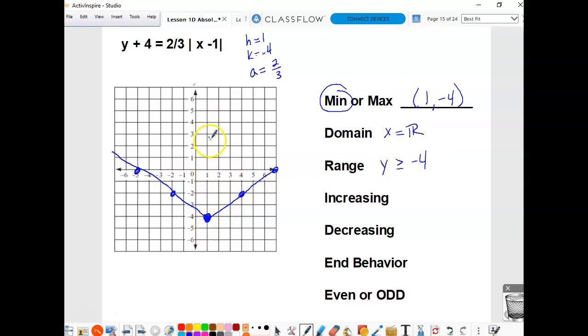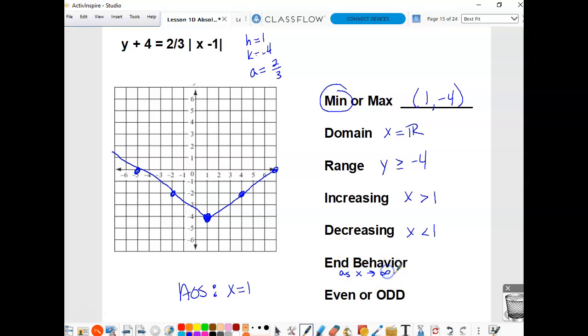The axis of symmetry is at x equals 1. And it's increasing after that, so when x is greater than 1, it's decreasing before that, so when x is less than 1.